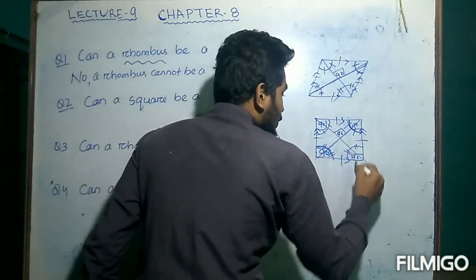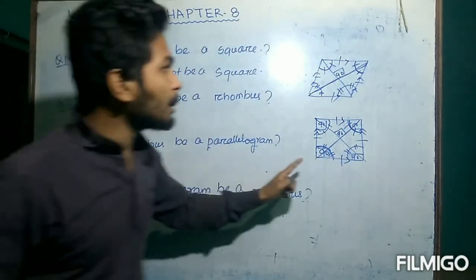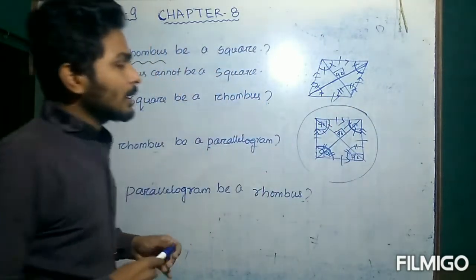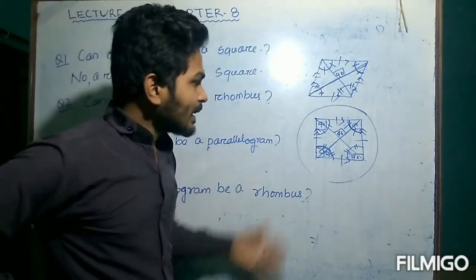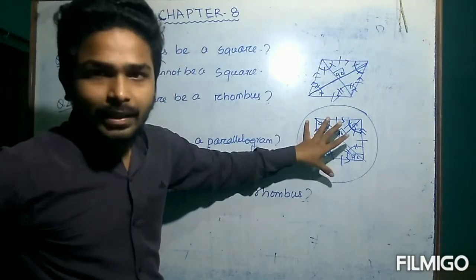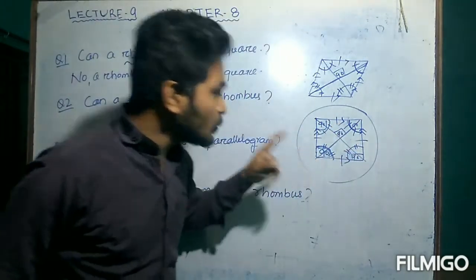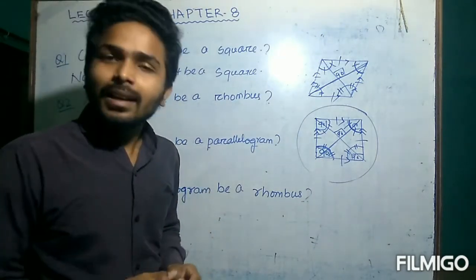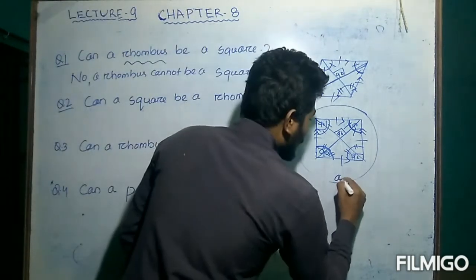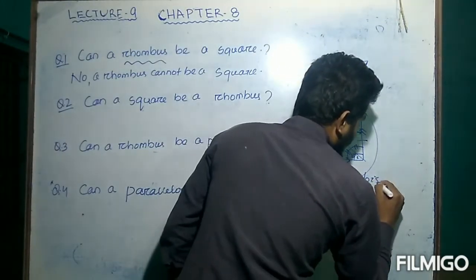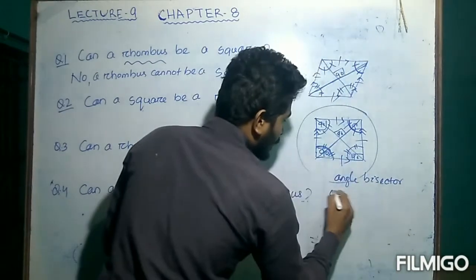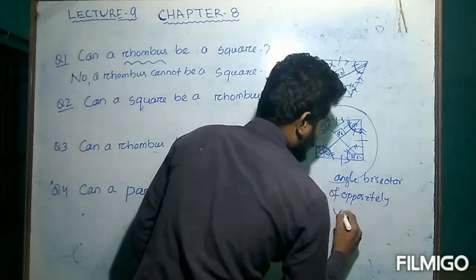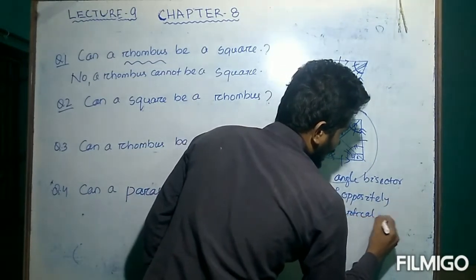Okay. So a square satisfies every property of a rhombus. Though I haven't told you this property during the teaching of square, I think I have forgotten to tell you, but you can write it down now, that in a square the two diagonals are the angle bisectors of their opposite vertical angles.